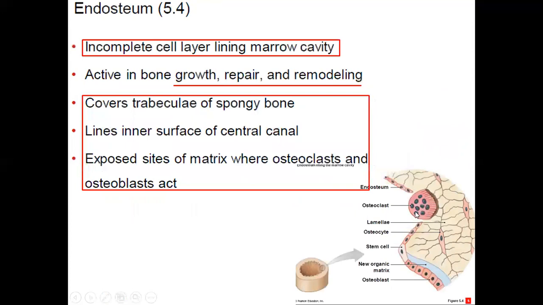So basically the endosteal layer of bone is covered by trabecular bone or spongy bone. And that lines the central canal of one osteon. It also covers just the endosteal side of the whole bone. And basically osteoclasts and osteoblasts break bone down, and then osteoblasts will build new bone as that bone is broken down.